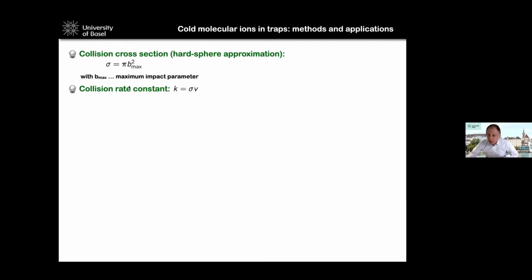And what one often measures in an experiment is actually a rate constant, at which rate the process happens. This rate constant can be expressed as sigma, the cross-section, times the relative velocity. Okay, so these are important quantities that become relevant in experiments.